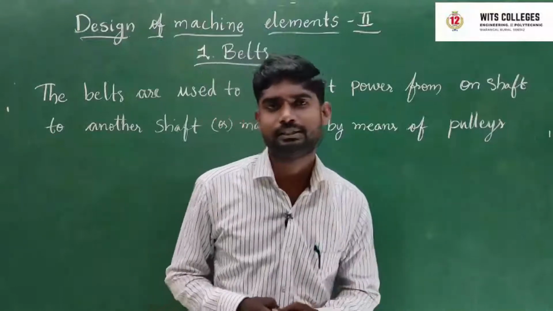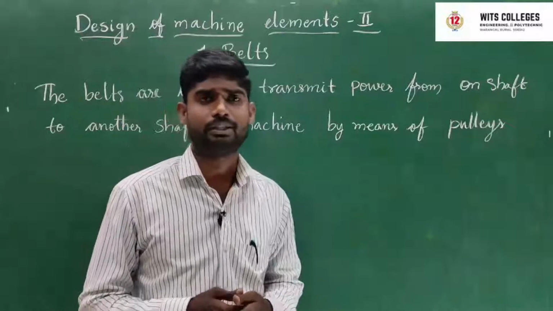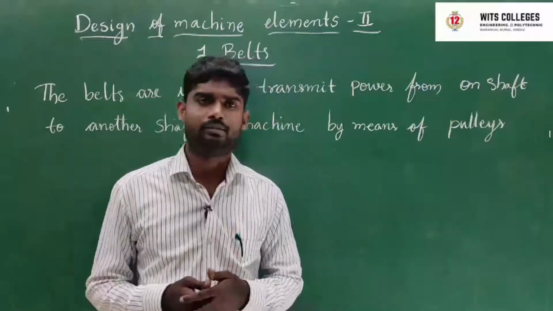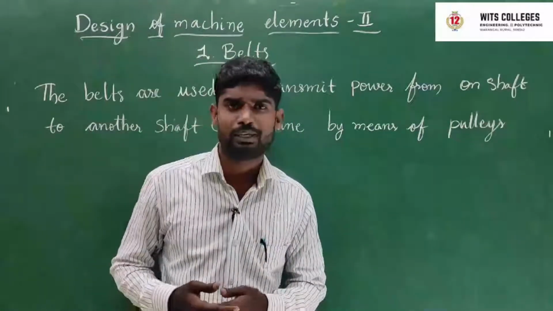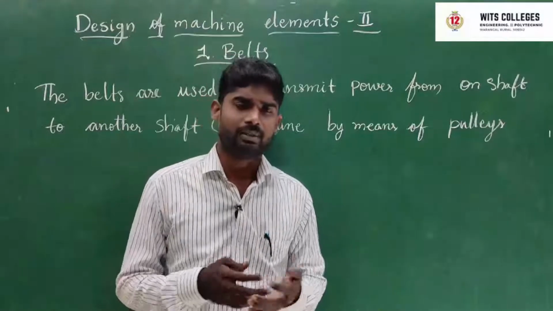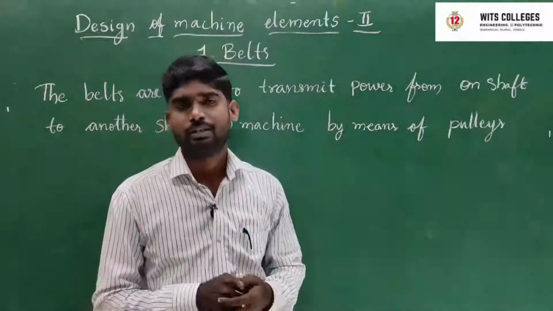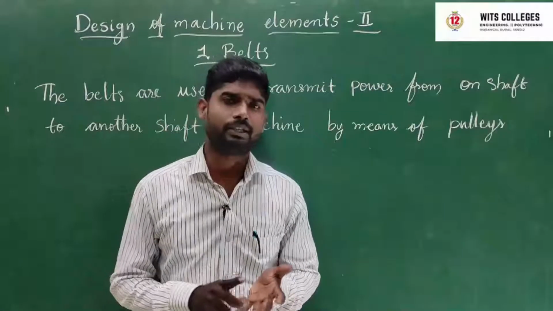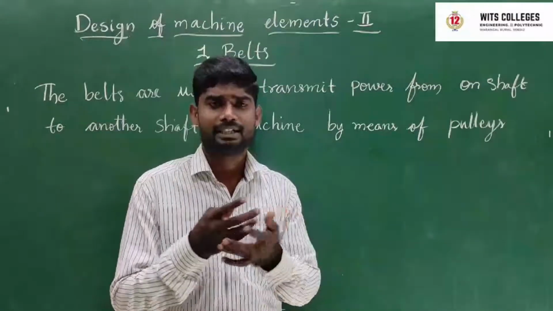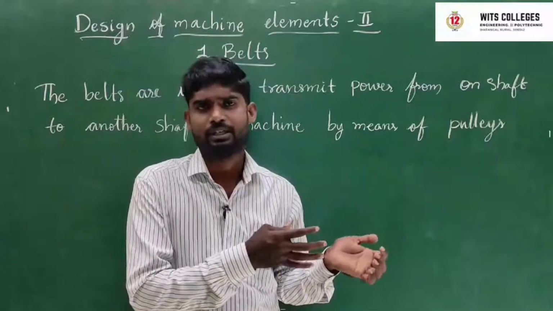Coming to Design of Machine Elements 1, our first important topic is belts. What is a belt, and what are the uses of belts? We will discuss that later. First, the topics included in this subject are belts, bearings, clutches, connecting rod, and brakes.